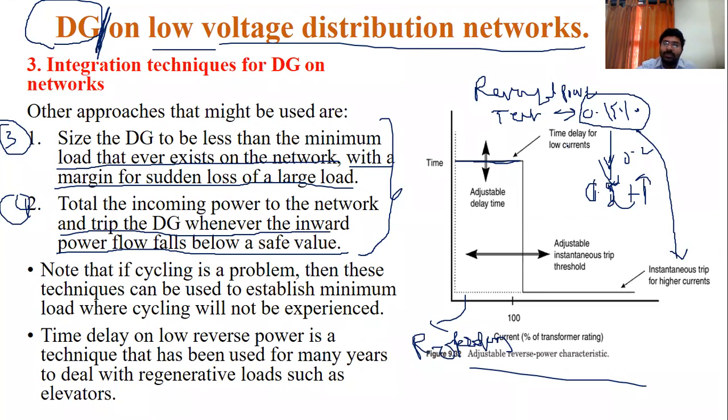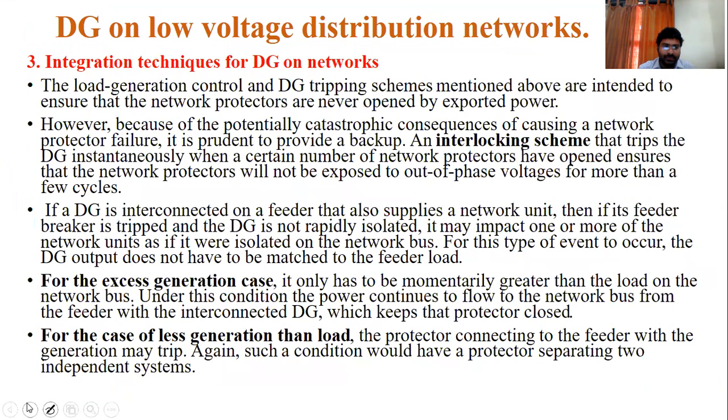To delay means you can increase the relay activating current value. If it is 0.1, you may assume 0.2, 0.5 and so on. So these are some of the characteristics.